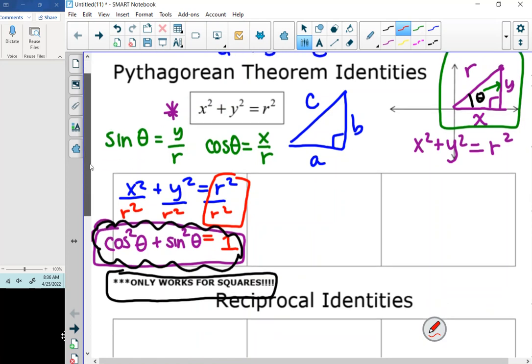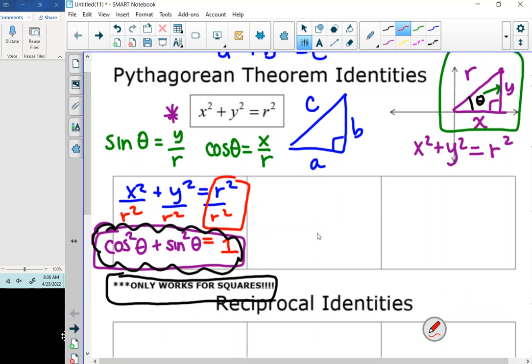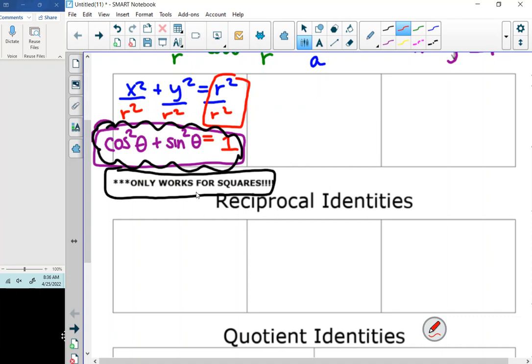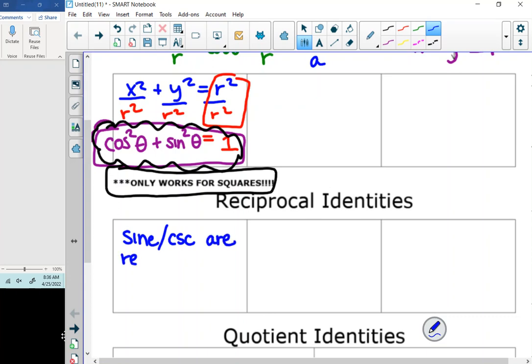Okay. Before I look at the other two Pythagorean identities that are related to that, I'm going to come down here to the reciprocal identities, because we already know these. Sine and cosecant are reciprocals.